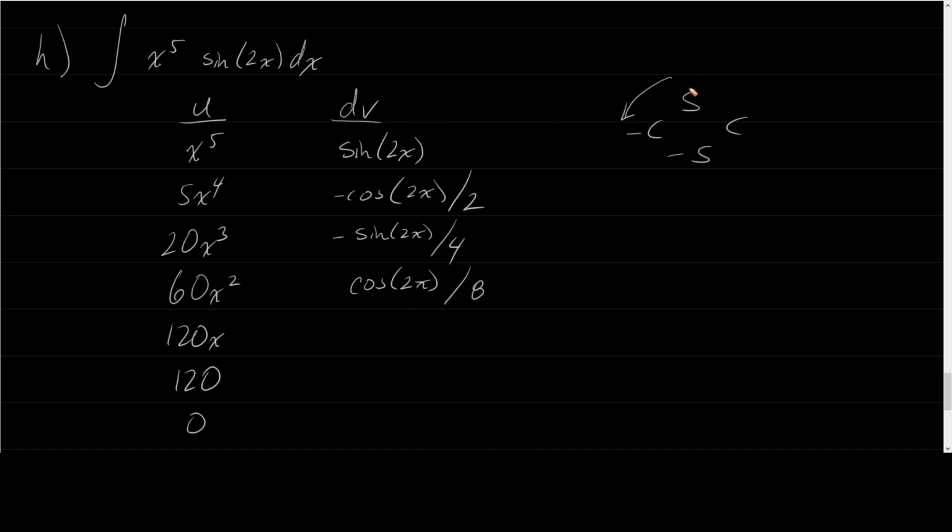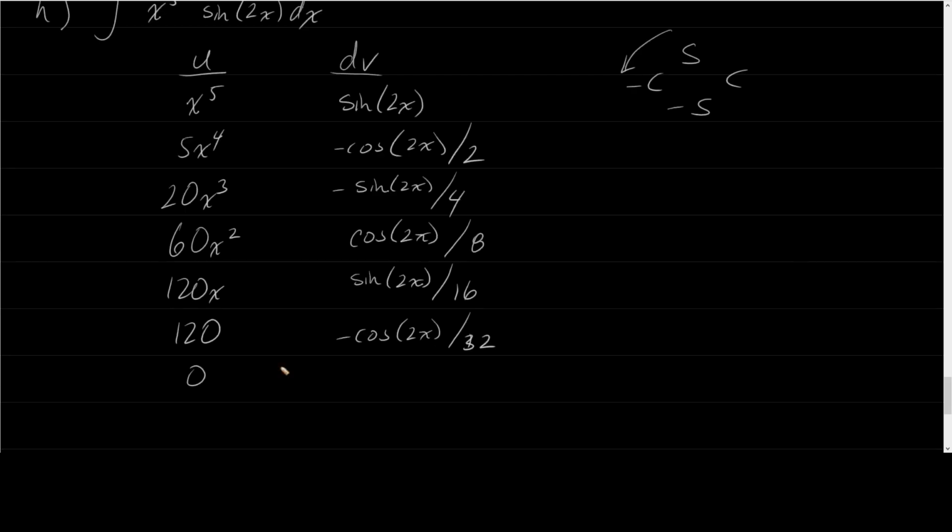The integral of cosine is sine, so sine of 2x over 16. The integral of sine of 2x is negative cosine of 2x, over 32. Sorry about that, I'm not sure what happened there. I'm going to do this until I end up with the same row. The integral of negative cosine is negative sine, so negative sine of 2x, now over 64.